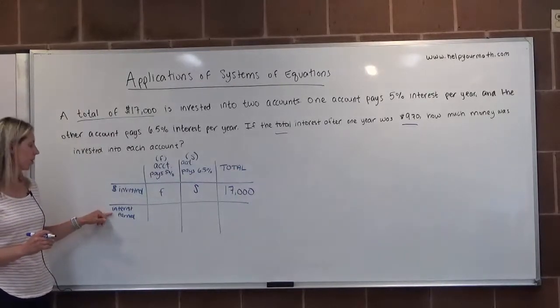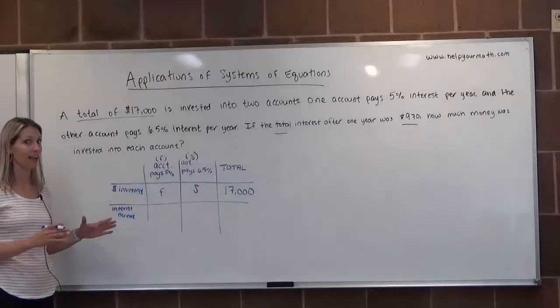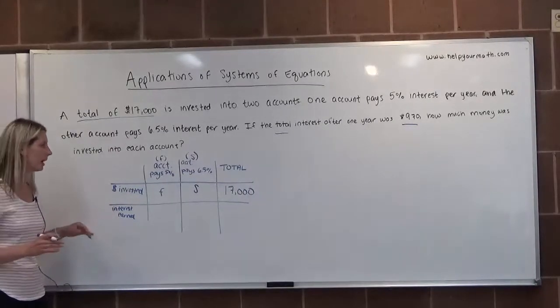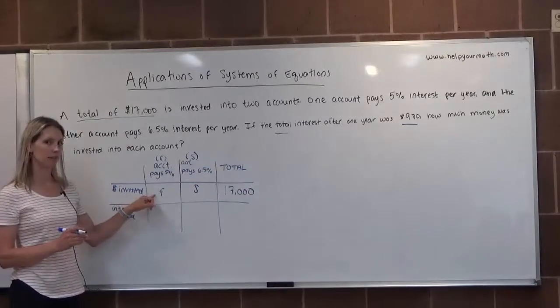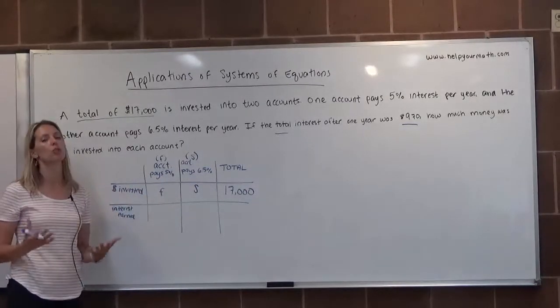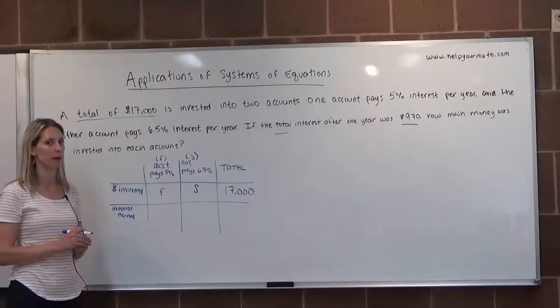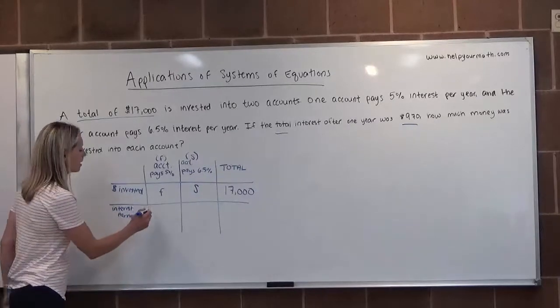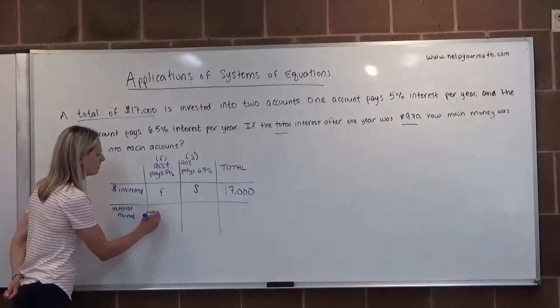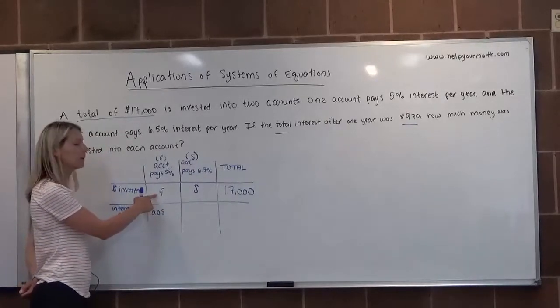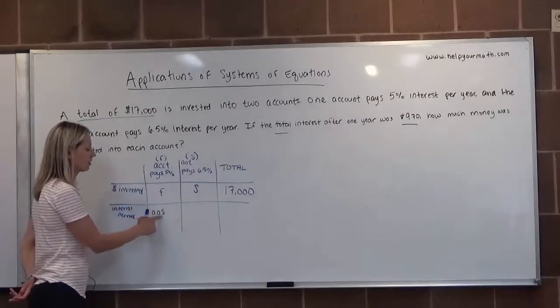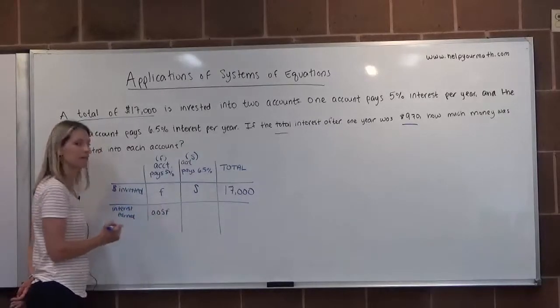Interest earned. So the interest earned, this is the one that's really tricky to set up. If you get 5% on whatever money is in here, now 5%, we can't actually use the percent, so we convert it to its corresponding decimal or fraction. I usually use the decimal, so it would be 0.05, and we get 5% of whatever is in this account. Right now what we know is in this account is f, so it's going to be 0.05 times f.